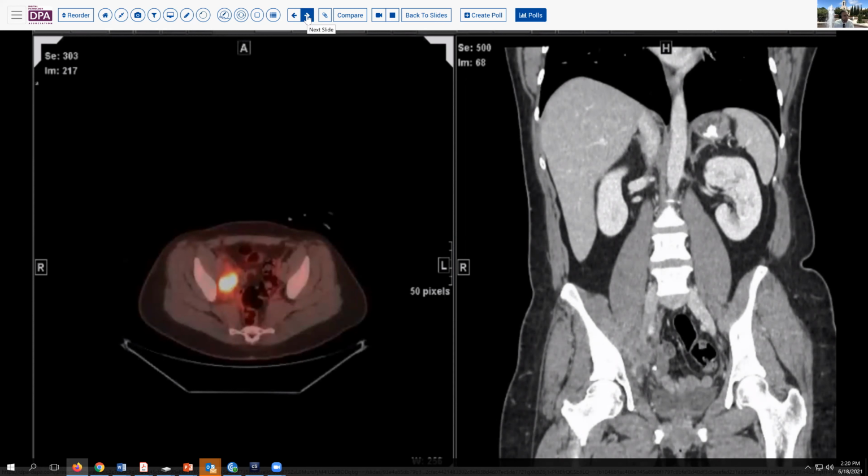It has some solid areas. It's not really a high-grade tumor, but it does appear to be forming glands and have maybe a squamoid or solid characteristic. So this, I think, raises the question as to where the primary could have originated from.